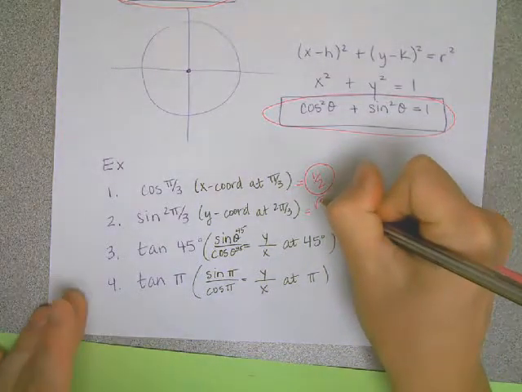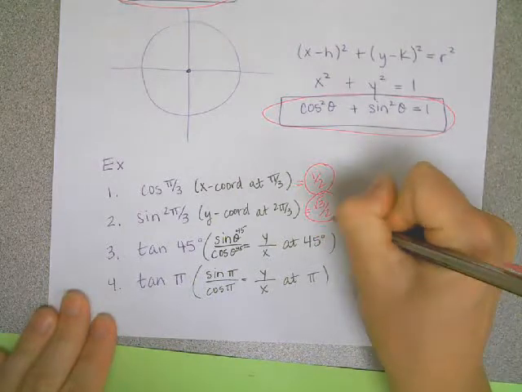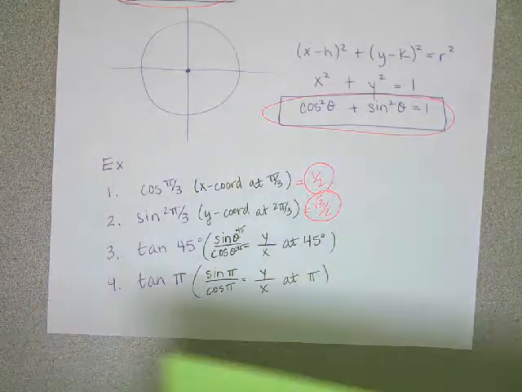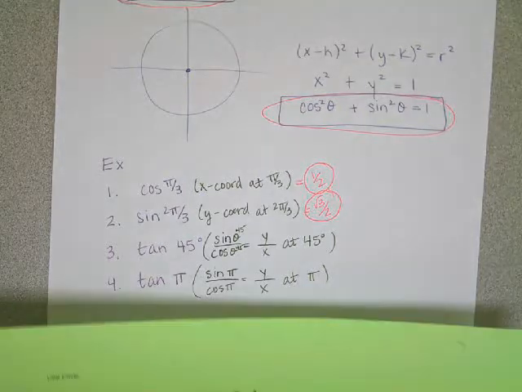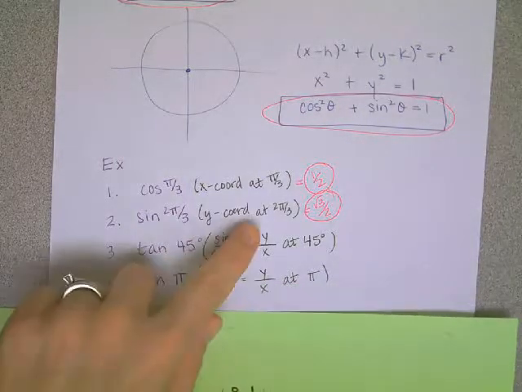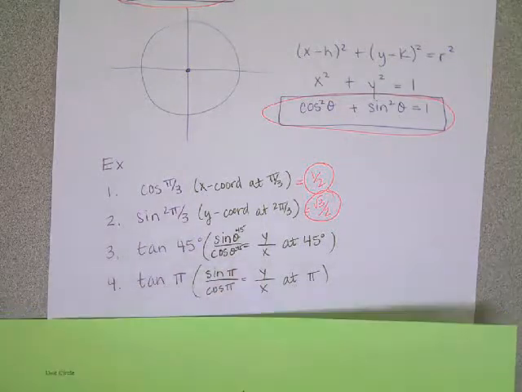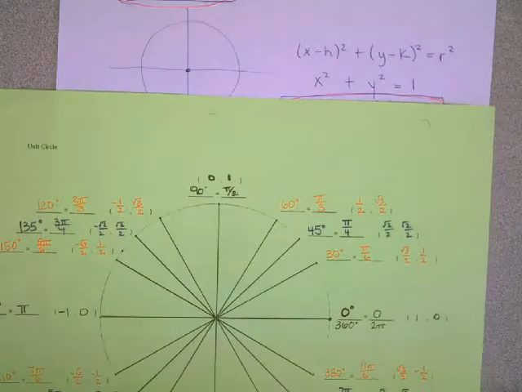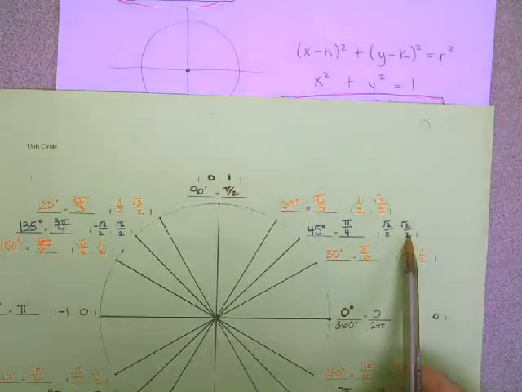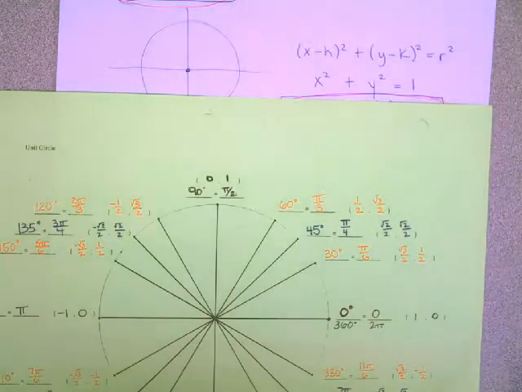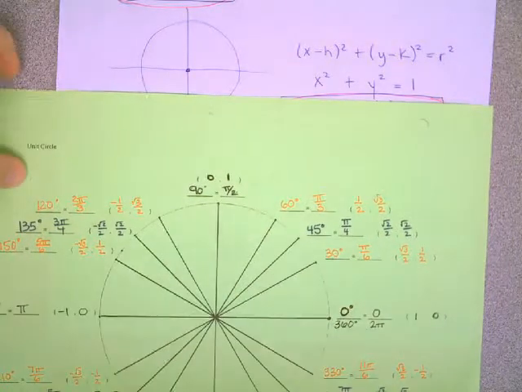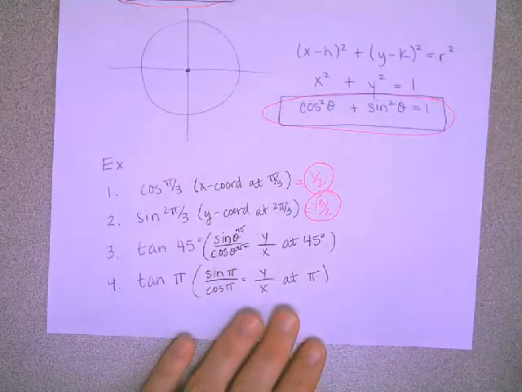If you feel like I'm going too fast at any time, you can pause the video and back it up and watch again. Tangent of 45 degrees means I'm going to go take the y value and divide it by the x value. At 45 degrees, my y value is the exact same as my x value, but I could go ahead and show my work in case I get a more difficult problem later with tangent.